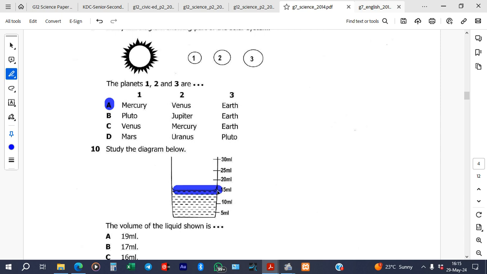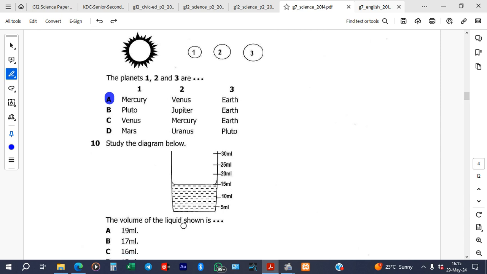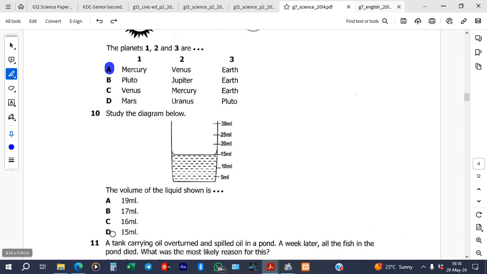You follow the straight line and get the corresponding number. That would be your volume. If you look at this line, it corresponds with 15 mils. So 15 milliliters is the volume of this liquid. So your answer here is D.